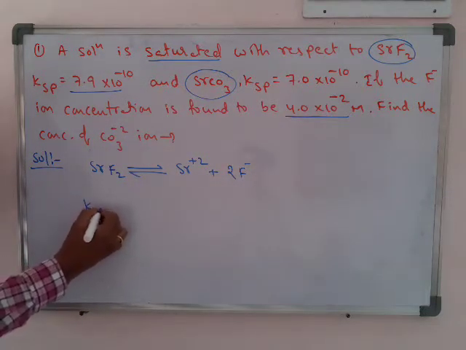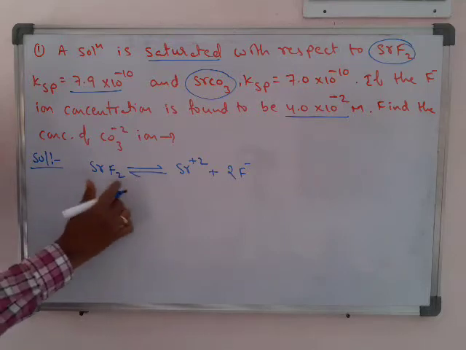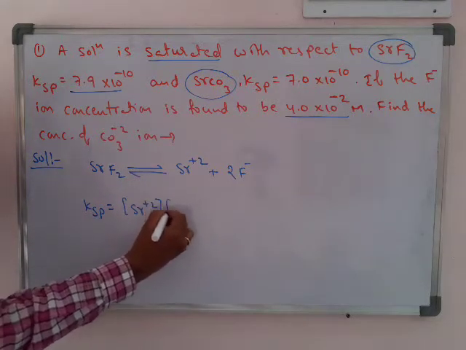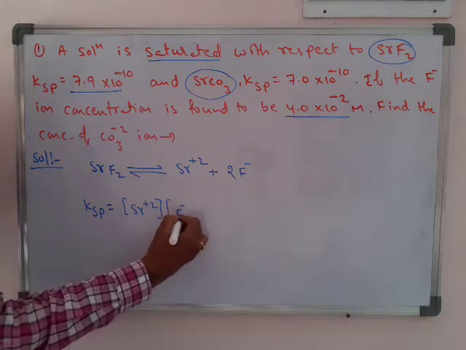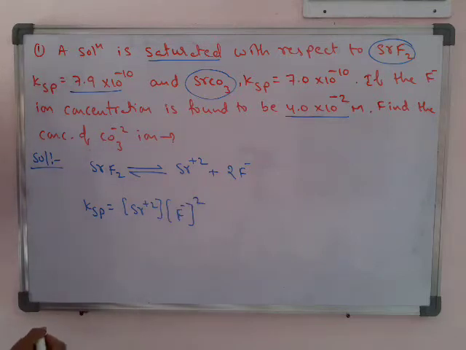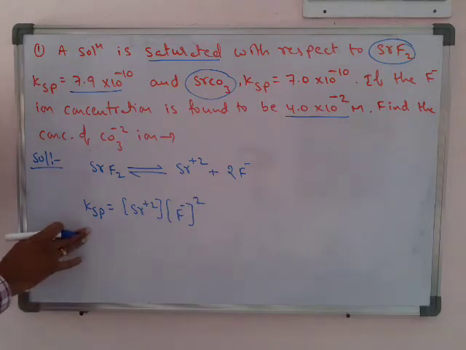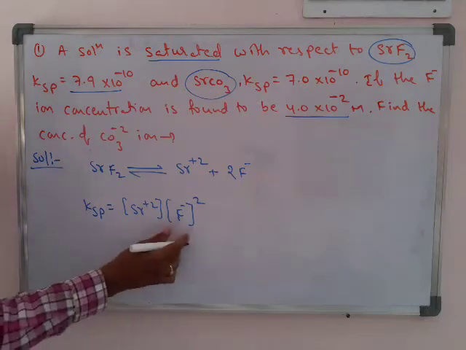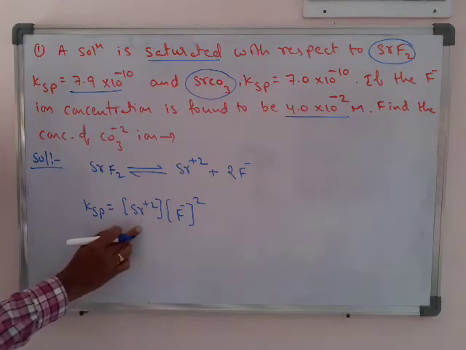This is an AB2 type of salt, so KSP is the concentration of Sr plus 2 dissolved, times the concentration of F minus dissolved, squared. The KSP value is already given for it.